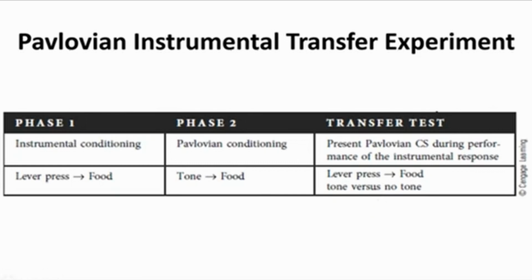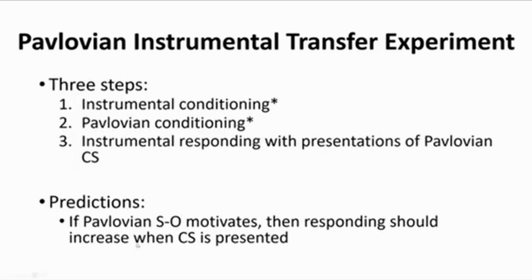And we want to see if there's any difference in the rate of responding when the tone is present versus when the tone is not present. So our prediction here is if our Pavlovian SO association is motivating that instrumental response, then we should end up seeing an increase in our instrumental responding when our conditioned stimulus, when that tone, is being presented.